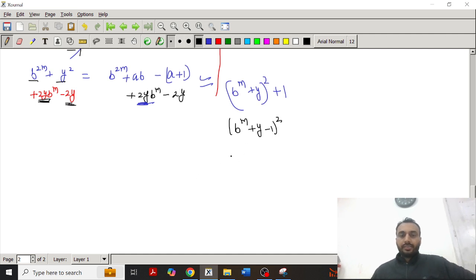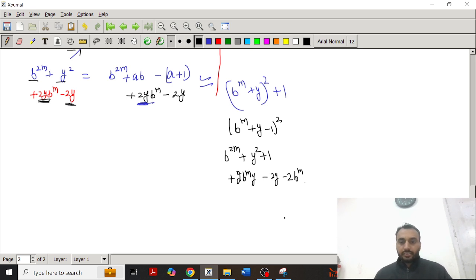So if we try to make this one, that is b power 2m plus y square plus 1, and then plus 2 b^m y, and that is minus 2y minus 2b^m, right?